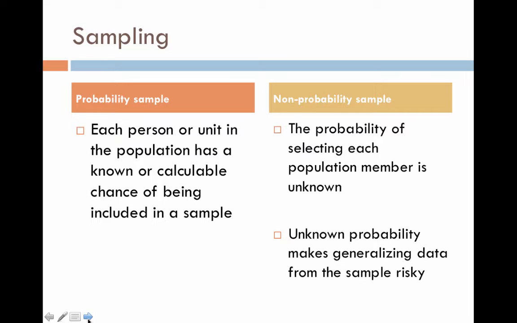Which means that we could tell you with a percentage what the probability of you being chosen is. Now, most samples, especially for the type of work we do, would be non-probability samples, where the probability of selecting each member is unknown. The problem with a non-probability sample is it makes generalizing data from the sample risky.